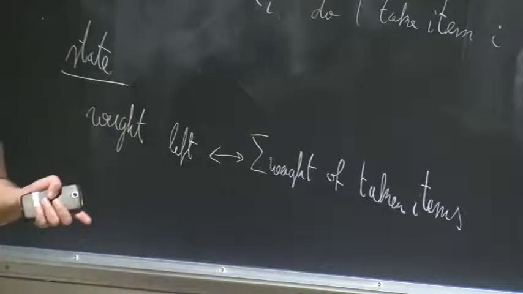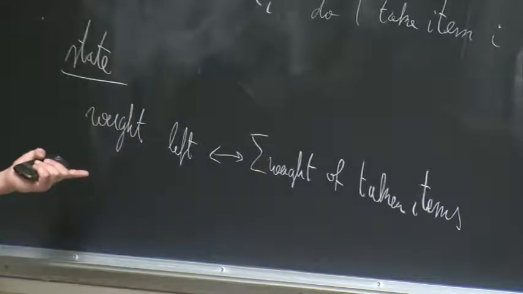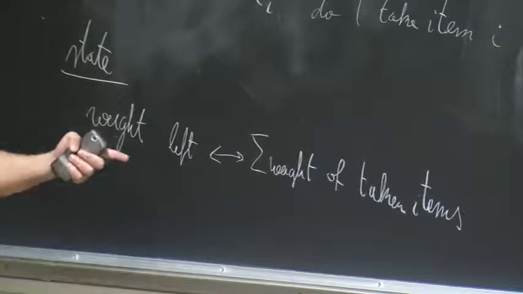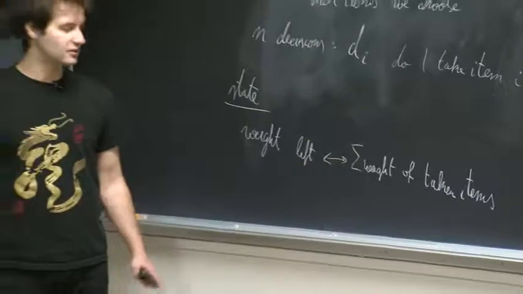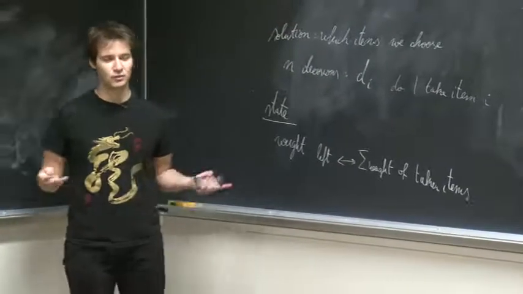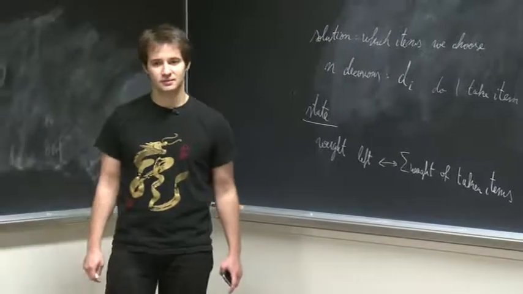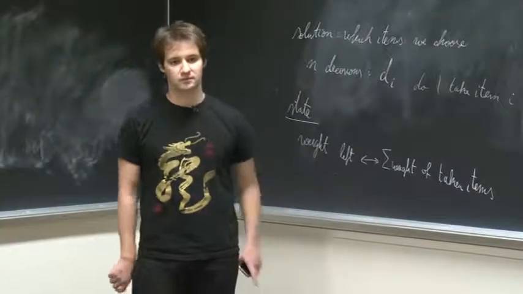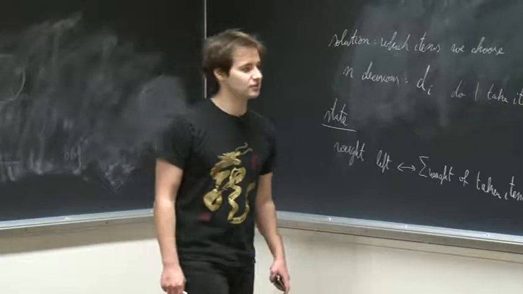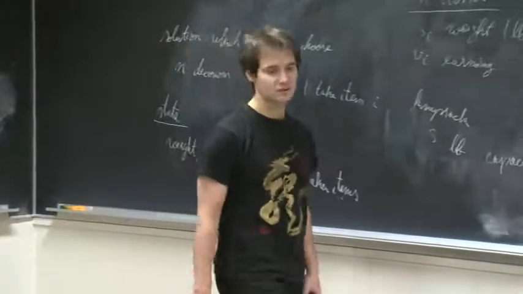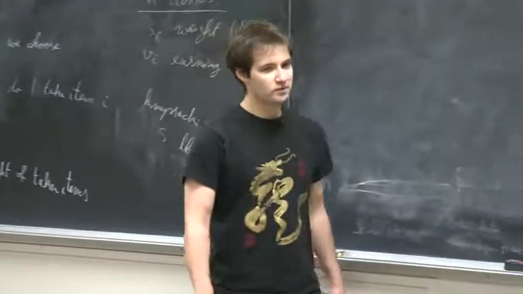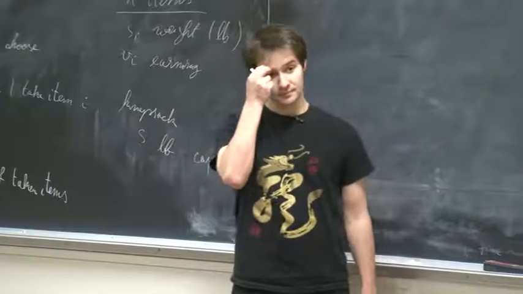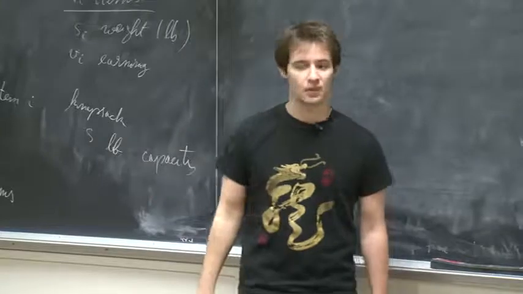Isn't that like the total minus? Well, I'm saying they're equivalent. So if you know one, you can compute the other. Sorry, they're not equal. Just knowing one lets you know the other one. But this is more useful in terms of putting the graph together, I claim. We'll see if that is true or not as we try to put the graph together. So what's a node? What's an edge? An edge is putting in one more item. Okay.